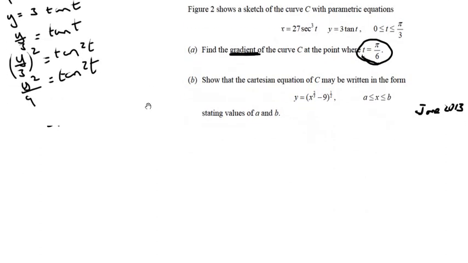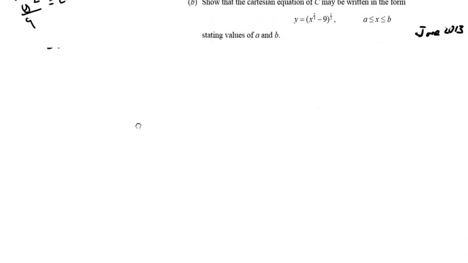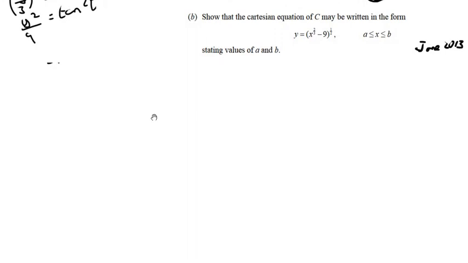I'm just going to scroll down to give us a little more space. So 1 plus tan squared t, which is y squared over 9, equals sec squared t, which we found earlier is x to the 2/3 over 9.